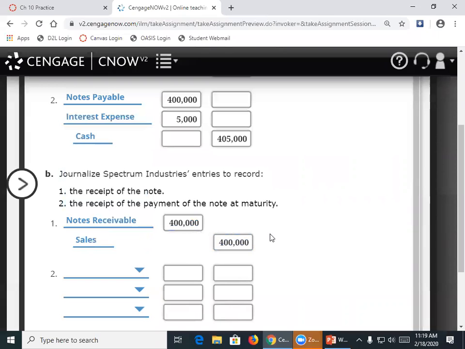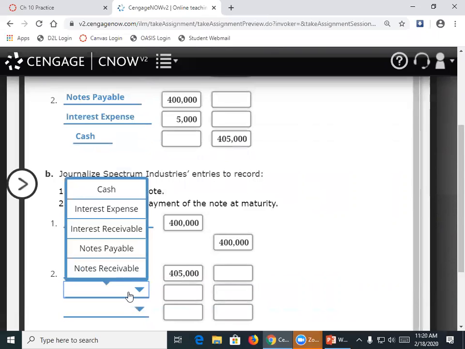And then what about the receipt of the payment? What would Spectrum journalize? It's almost the exact opposite. We start with cash, right? We receive cash. Instead of interest expense, it would be revenue. Very good. We're just going to flip-flop and change the terms around a little bit. So cash, how much cash did they receive? 405,000. Very good.